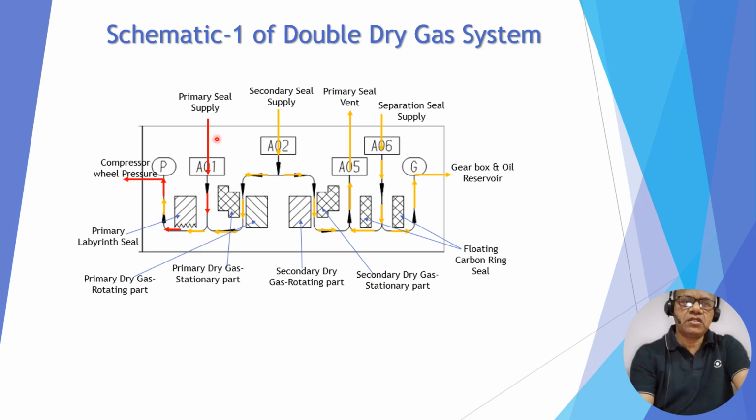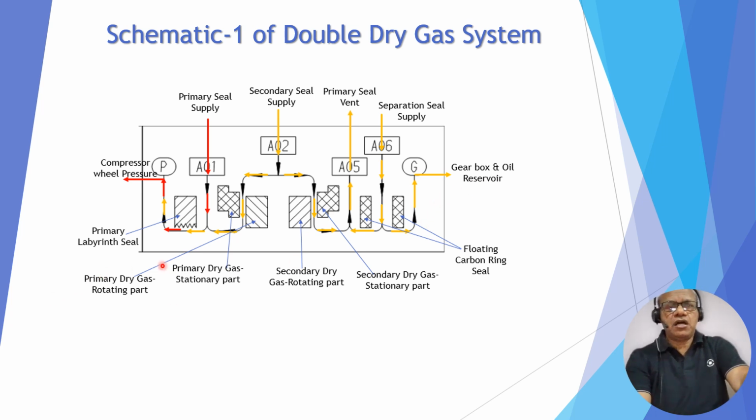The secondary supply, which is high pressure nitrogen, should also be more than this supply pressure. That is why there will be leakage through the faces and it comes here. Same way, there is leakage through faces and it goes to the primary vent. So this pressure should be more than this pressure, which is of course more than this pressure. And then we have separation, low pressure nitrogen, which mixes here and then goes to this.